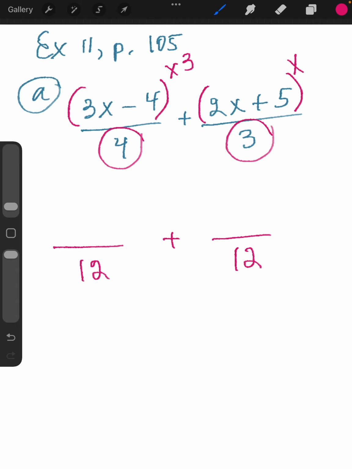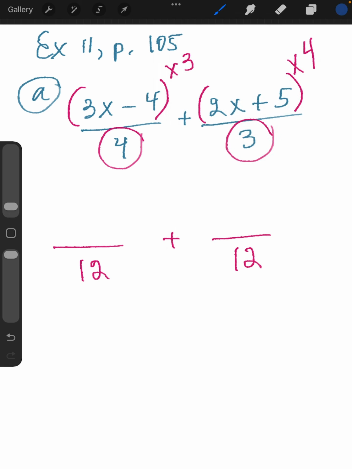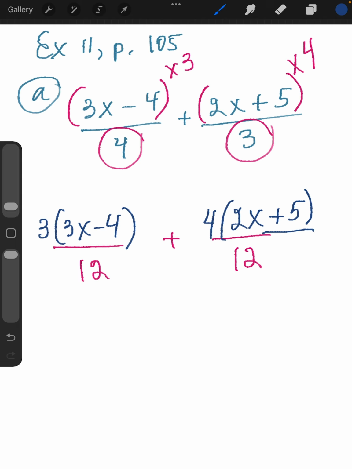And here, in order to get 12, we multiply it by 4. And that's what we're gonna write down. I kind of want a blue color here, maybe even dark blue. There we go. All right, and that's exactly what we write down. 3 times 3x minus 4 plus, on top we have 4 times 2x plus 5.